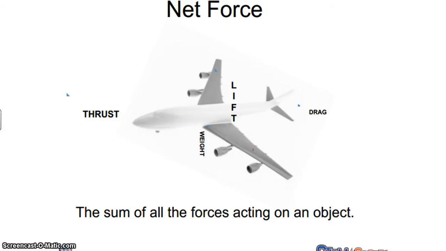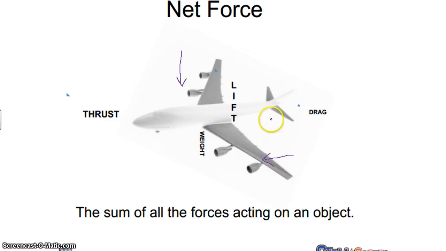A net force is calculated when you take into account all of the forces acting on an object. So add net force to your definitions. It's the sum of all the forces acting on an object. So you have the weight of the plane, which is a force going down. You have the thrust of the jets that have a force going towards the left.